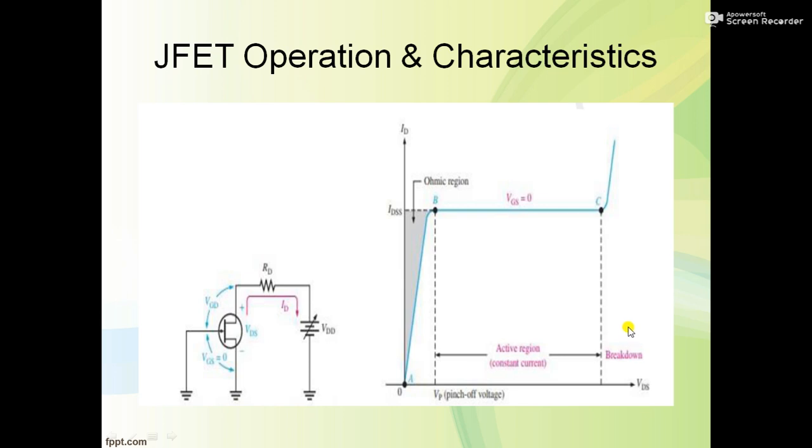The JFET may be damaged, because if in any device the current increases suddenly, the temperature of the device increases. If there is more heat due to the increment in temperature, automatically the device may be damaged or go into breakdown condition. So this is the operation and VI characteristics of the JFET.